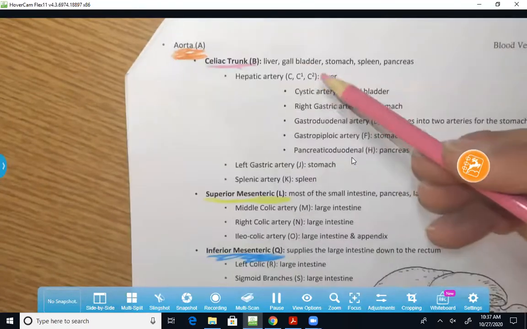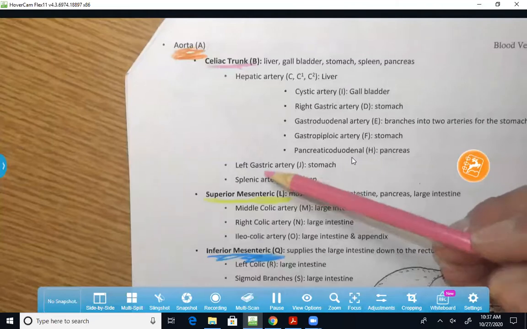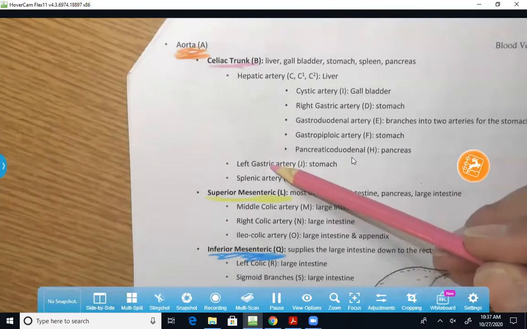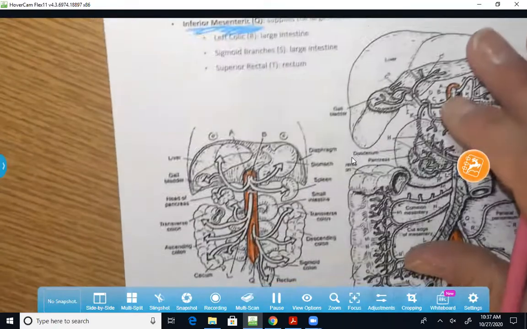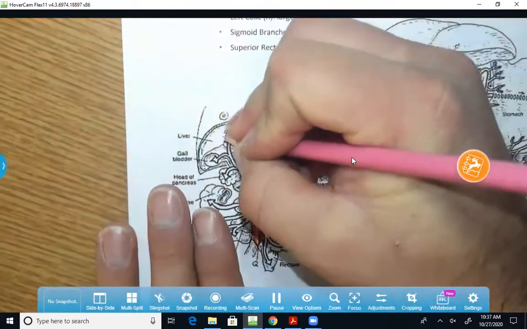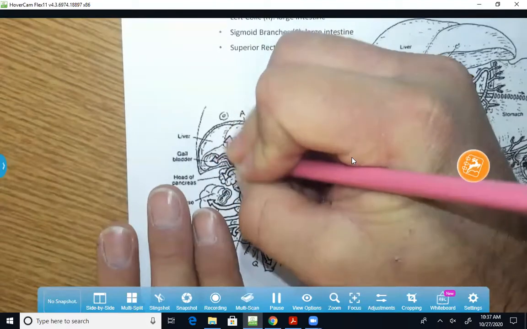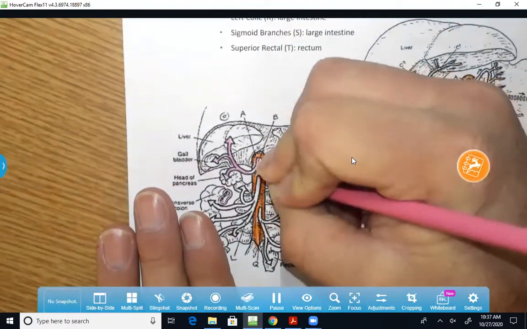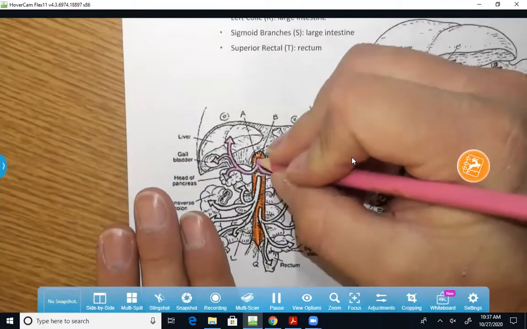Hepatic artery feeds your liver, and then there are branches that come off of it. Gastric's a term that always refers to stomach. And splenic obviously refers to spleen as another branch. So as you can see, these arrows are just showing you the different organs that are fed by this celiac trunk.